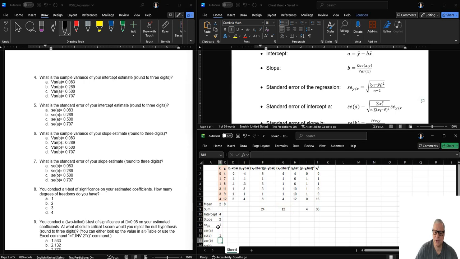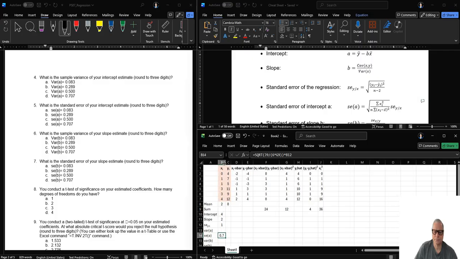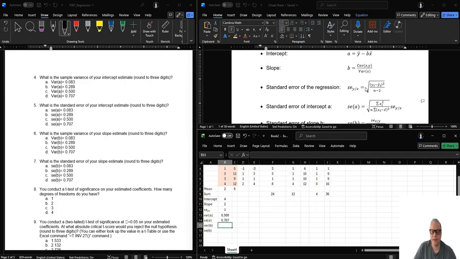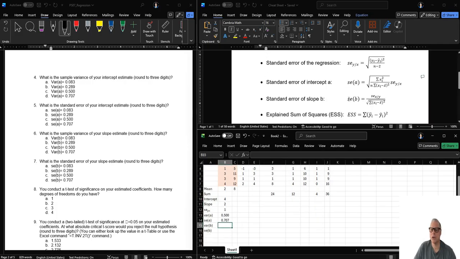So that's the standard error. So because that is 1, it's actually not 1, it's limited to 3 decimals, so it's 0.701. So the variance of A is simply the square root of the standard error. So that's 0.5. So now let's do the same for the slope.